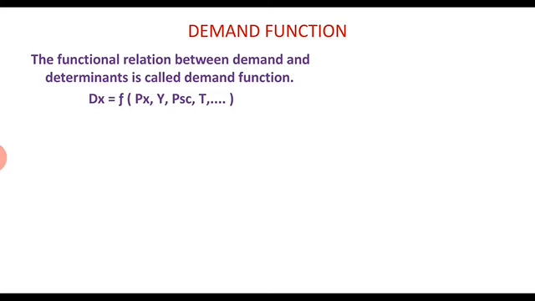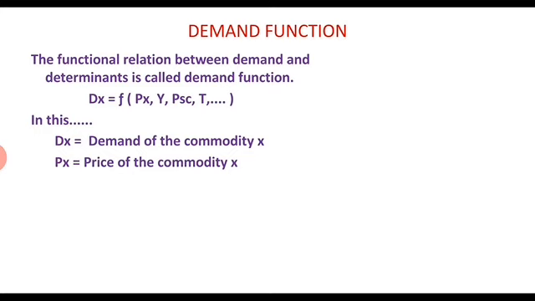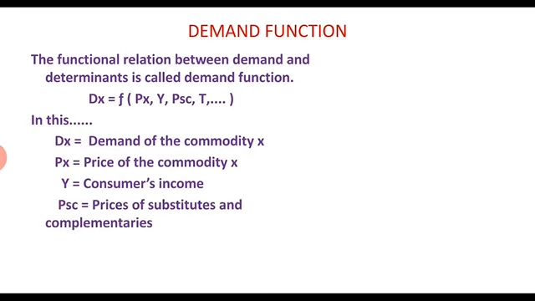We write the functional relation between demand and determinants of demand in an equation or in a formula as Dx = f(Px, Y, Psc, T, ...). In this, Dx is equal to demand of the good x, Px is equal to price of the commodity x, Y is income of consumer, Psc is prices of substitutes and complementaries, T is equal to tastes of consumers. F is equal to functional relation.